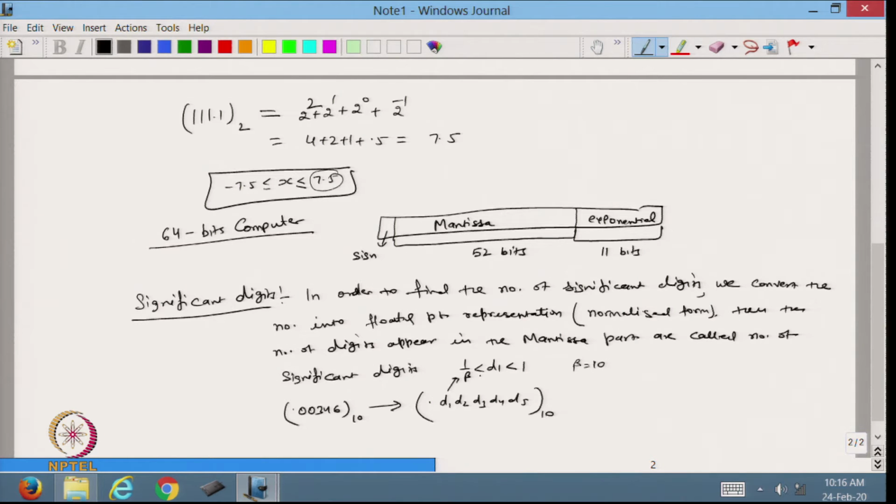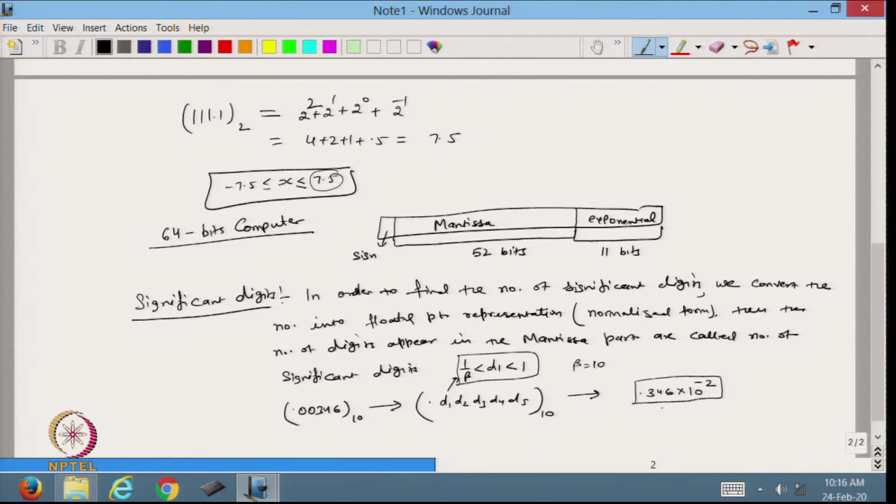So, 1 by 10 is 0.1, so D1 should be greater than 0.1 and less than 1. That is the normalized form, but here the leading digit is 0. So, I will write this number as 0.346 times 10 raised to power minus 2. I have shifted the two zeros to the exponent. Now this is my normalized form in floating point.